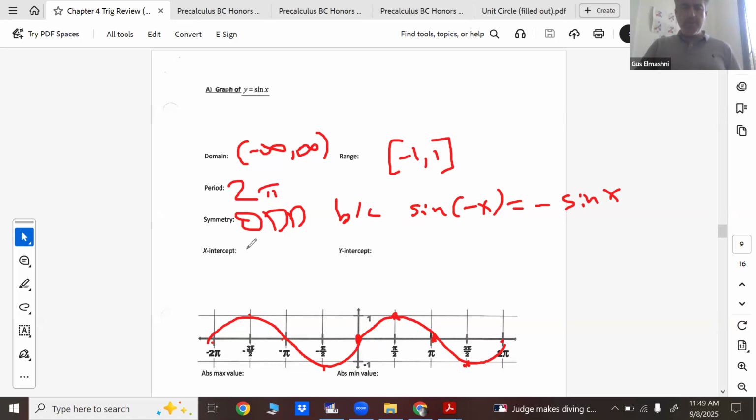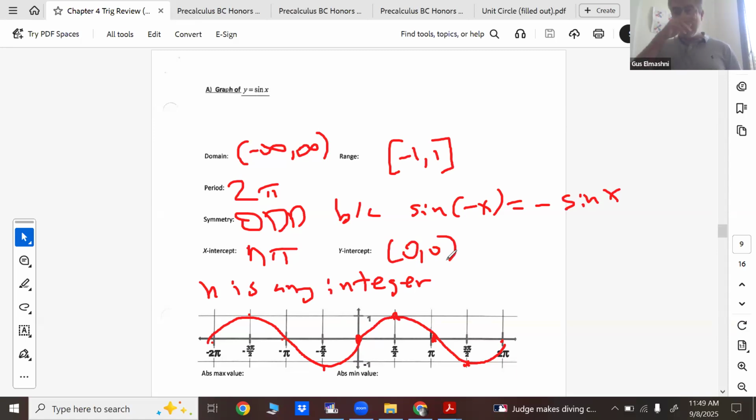X-intercepts, obviously, we like to say it's n pi, where n is any integer, or k pi, somebody used k, and the y-intercept is 0, 0. All's good?